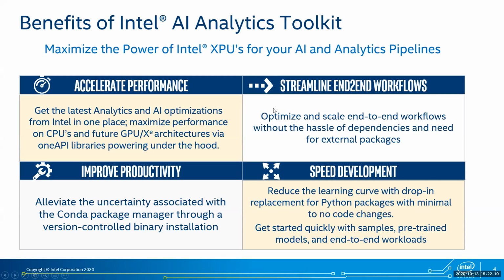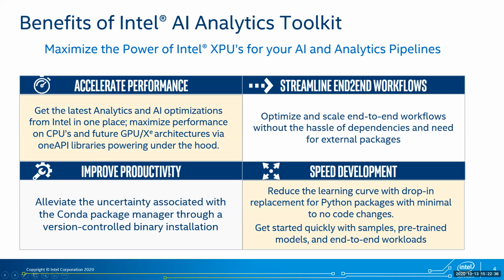Not only that, we also give you lots of AI and machine learning related packages inside the toolkit, so you can develop an end-to-end workload, including data processing and also deep learning and machine learning. We also give you the Conda package or PIP package, so overall you don't need to worry about integrating those packages for your workload.